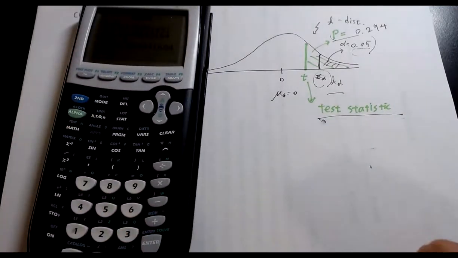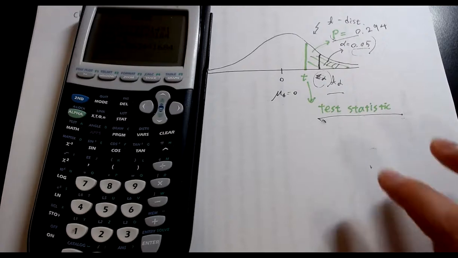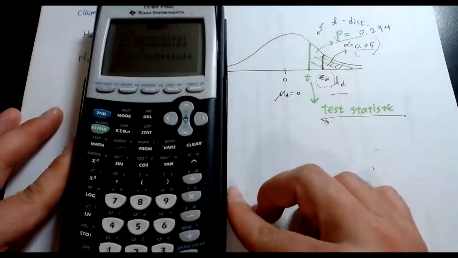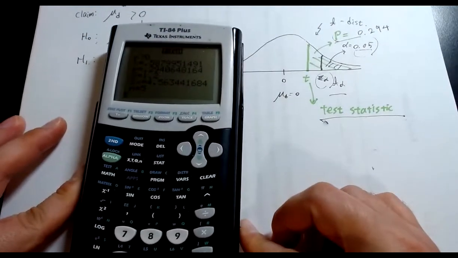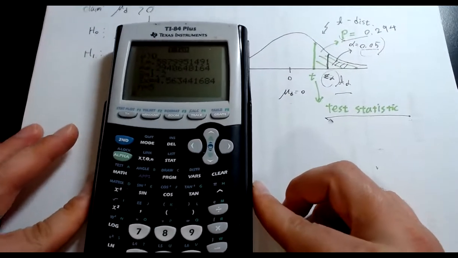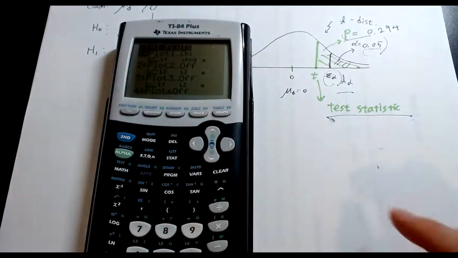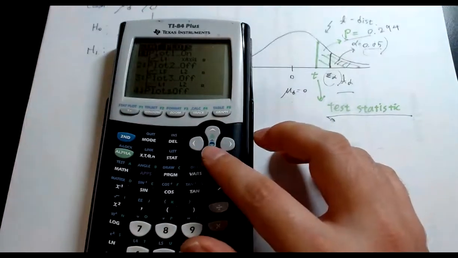Now, by the way, what about the normal quantile plot? You have to check whether the differences of the dependent samples data are normally distributed. To check, we go to STAT PLOT. You had to do this first, but I just forgot.